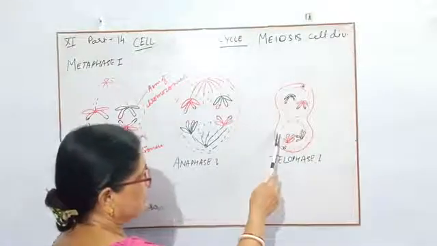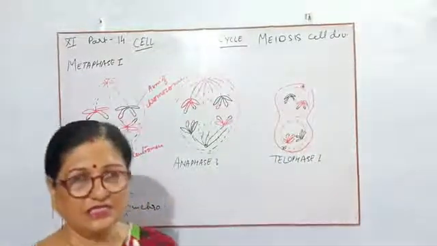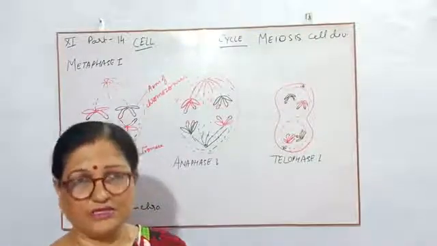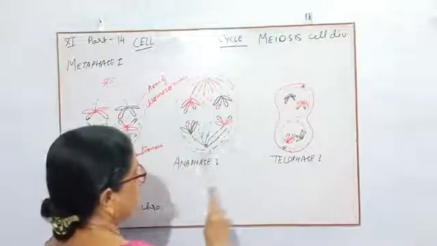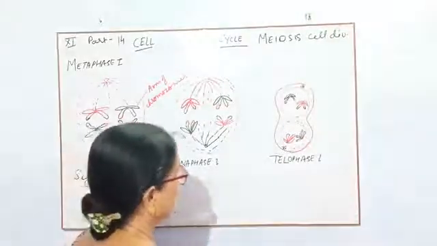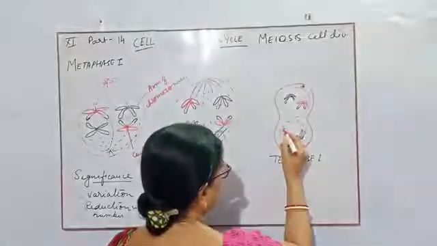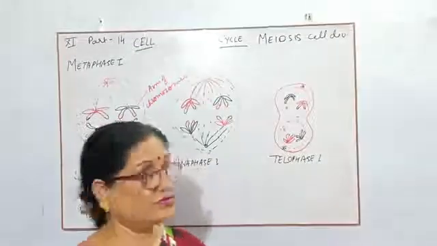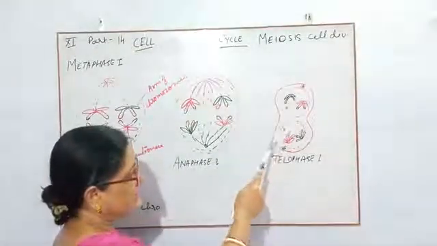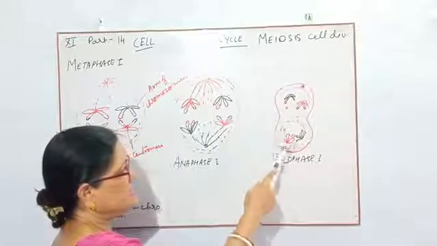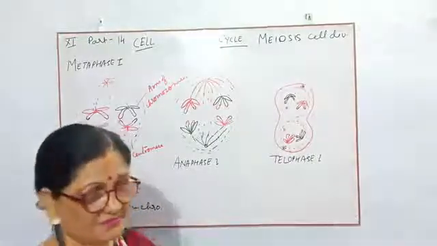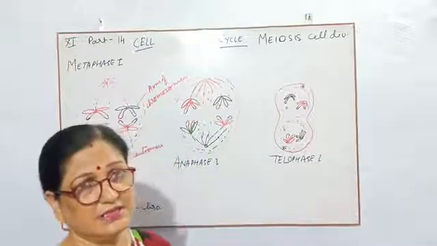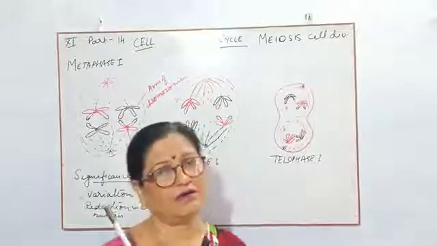Here children, you can see when the nuclear membrane starts to form, it is the reformation of the nuclear membrane and reformation of the nucleolus. One nucleolus will be present in each cell. Then they become separated towards each pole, and slowly one cell will be divided into two daughter cells with the haploid number of chromosomes.